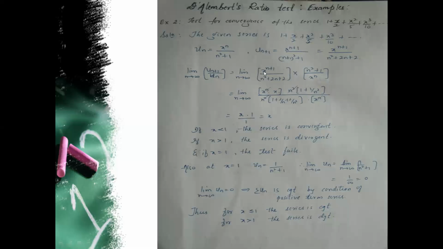Now here this x raised to n plus 1 term, we will split it as x raised to n into x, and from n square plus 1 we will take n square common, we will have 1 plus 1 by n square. From this denominator term again we will keep n square common outside, we are left with 1 plus 2 by n plus 2 by n square.